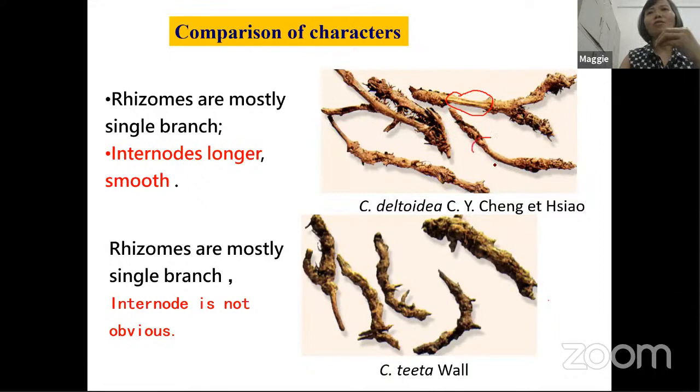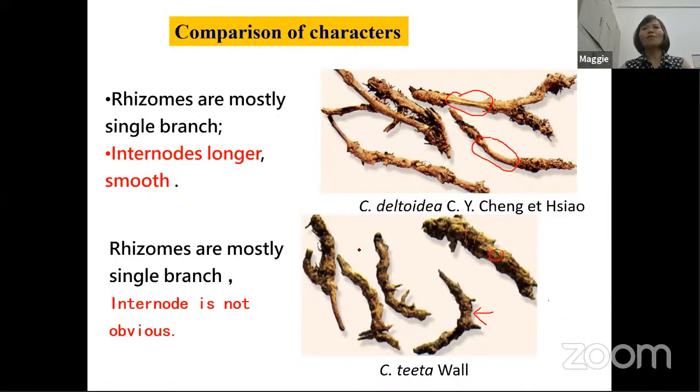So here also it's internode, longer and smooth. So in this picture, Coptis teeta. Look at this picture, Coptis teeta. Usually they are single branch, and internode is not obvious. So it's not obvious.